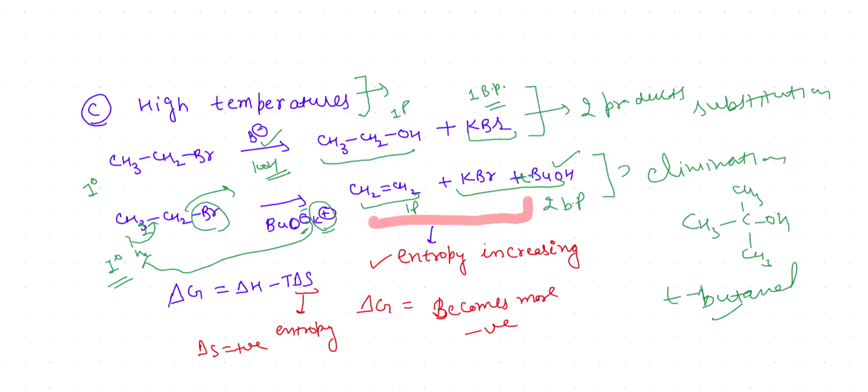If we take the concept of entropy, entropy means degree of randomness. Degree of randomness means there is more disorientation, where molecules are not oriented, there is disarrangement of molecules. That term is known as entropy.